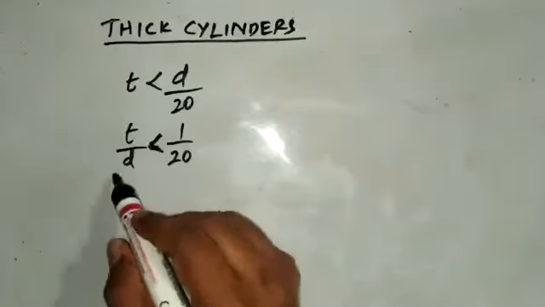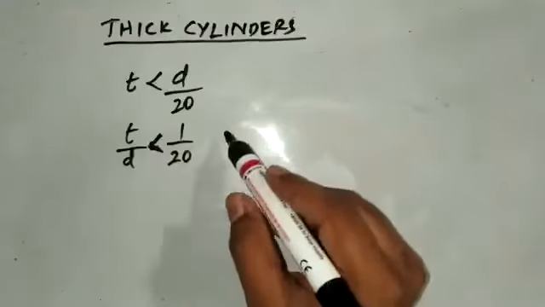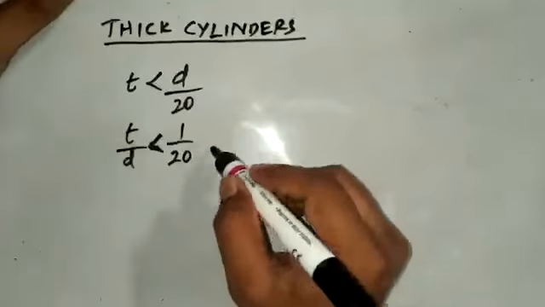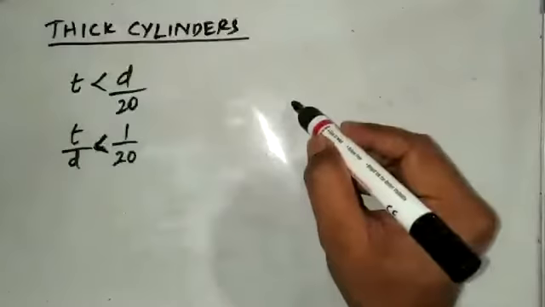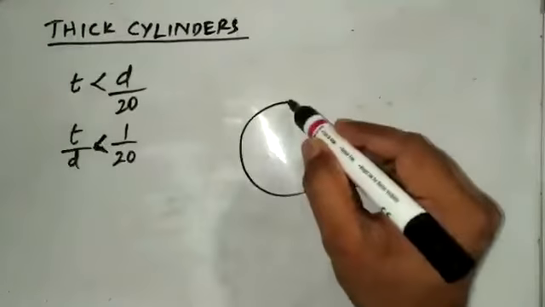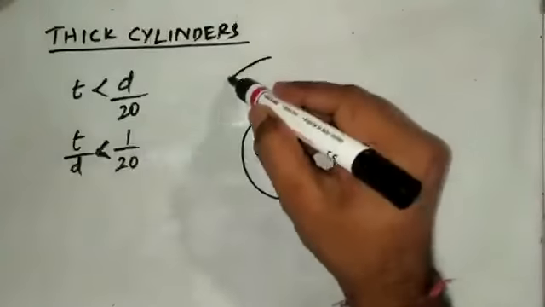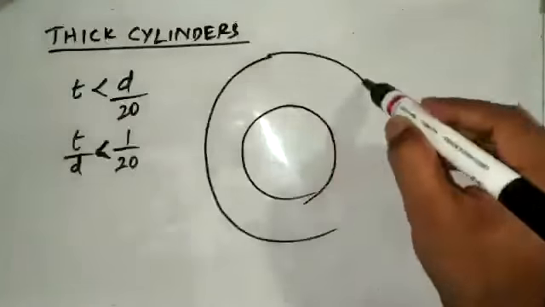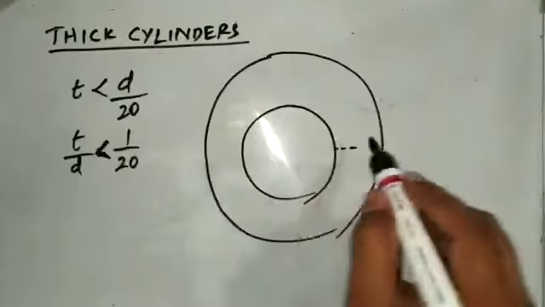Then you say that it's a thin cylinder. If this thickness to diameter ratio is greater than 1 by 20, then it is called a thick cylinder. So usually the thick cylinder is one which has a very thick shell.